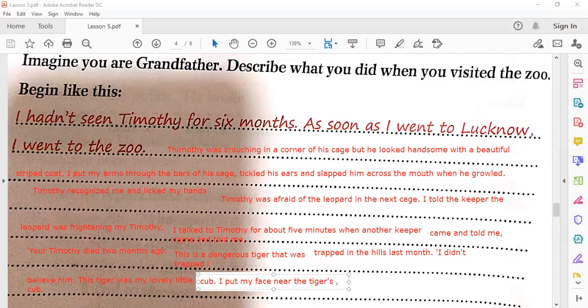Tiger whispered, "Good night, Timothy," and left.